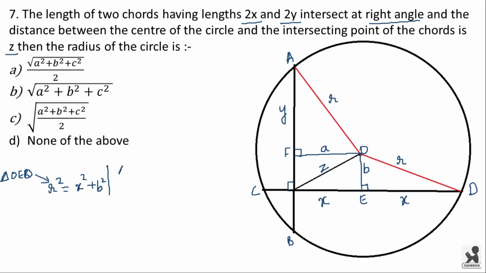Similarly, from triangle AOF or AFO, R square will be equal to a square plus y square. Now let us add these two equations. We get 2r square is equal to a square plus b square plus x square plus y square.